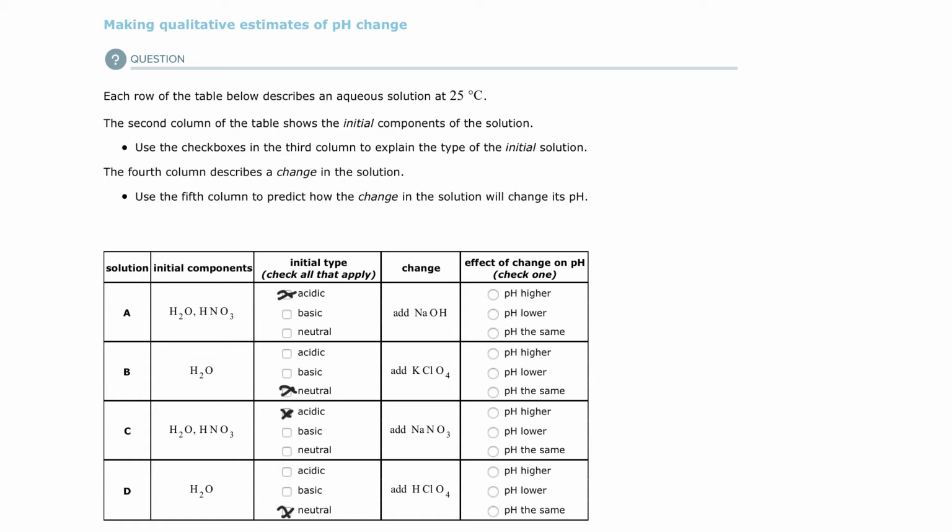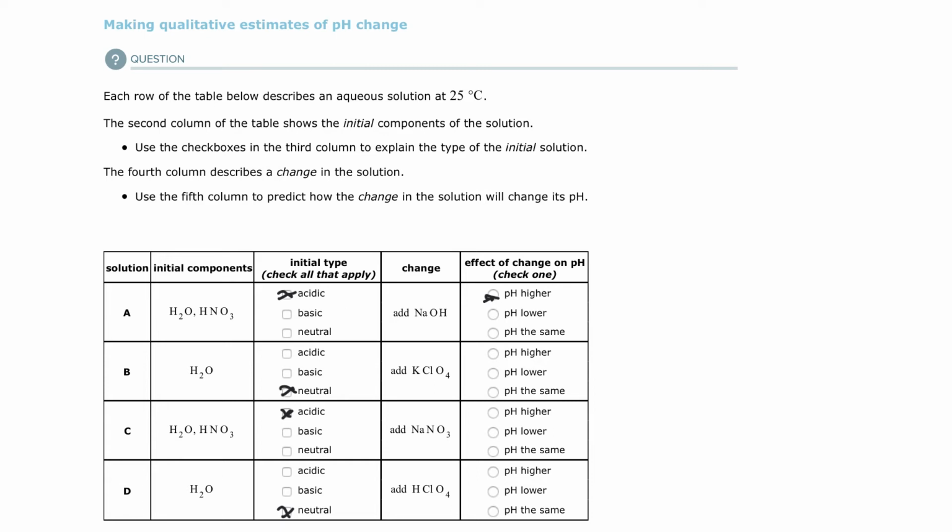When you've got lots of acid, it's down towards 0. 0 and 1 would be very acidic. 13 and 14 would be very basic or very alkaline. So if you add a base, especially hydroxide, it's going to raise the pH. So the pH goes higher.